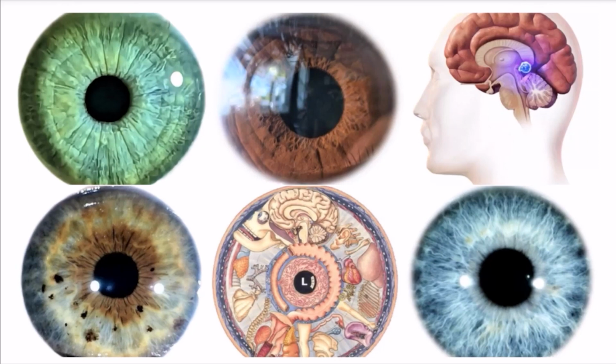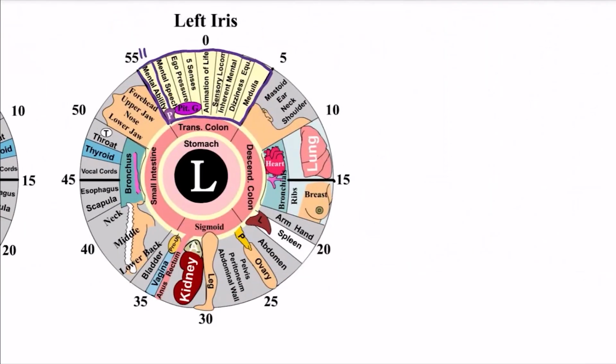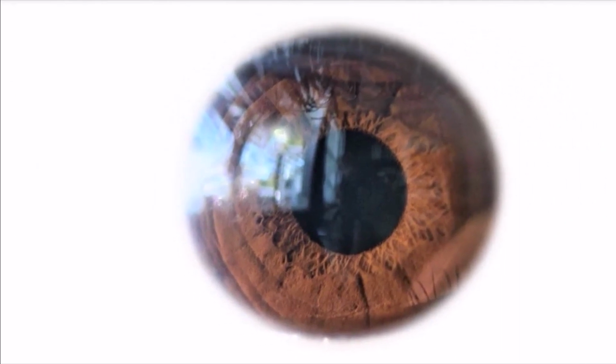Okay, so let's see if we can just go through these. It won't be too long. So we have, this is a right eye, and we can see the pineal gland here. See if I can get my pen to work.